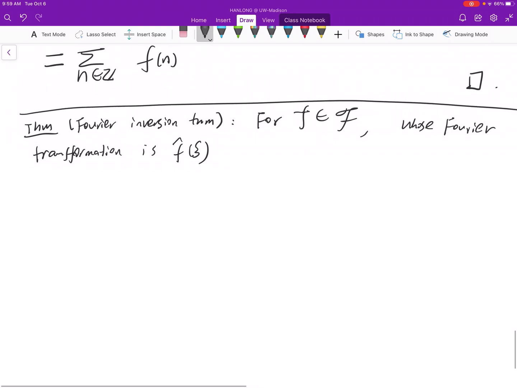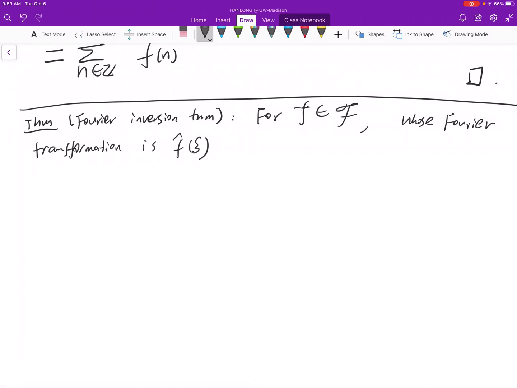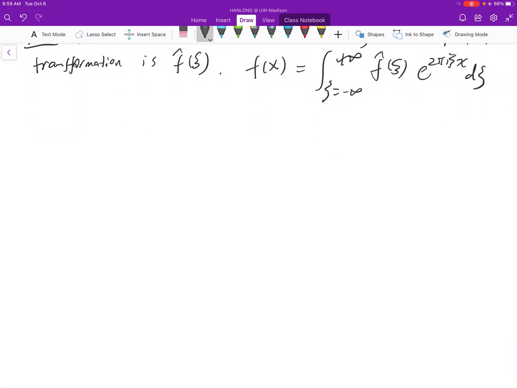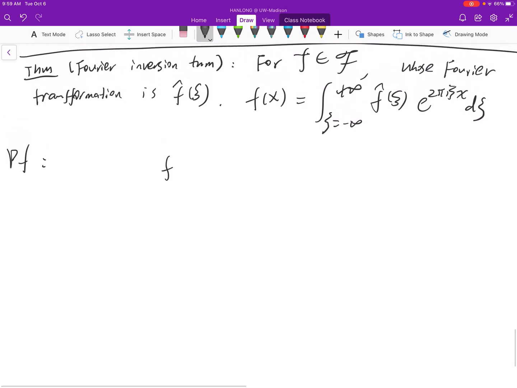Yeah, we can prove it in a moment. And f(x) equals the integral of f hat(ξ) e^{2πiξx} dξ.